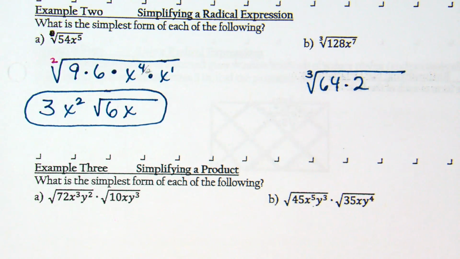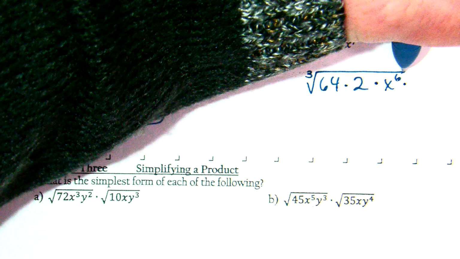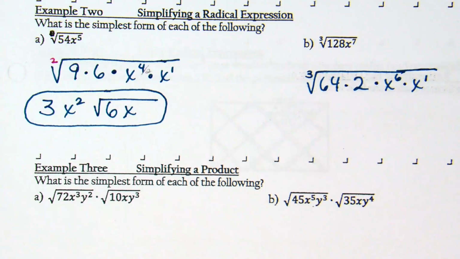Okay, 7 does not divide by 3. Next number below 7, closest to 7 that does divide by 3. What divides by 3? Is 6. So I'm going to break this x to the 7th into x to the 6th. And how many leftovers? X to the 1st. So do I still have all 7 x's there? I do. And again, it's not that you have to write the 1 on there. I just feel better when teaching.